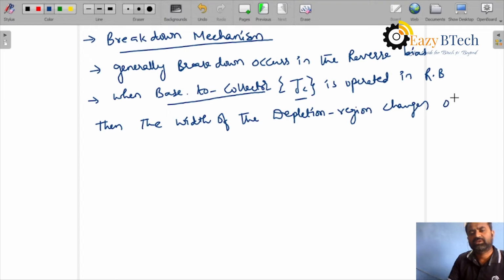Okay, these are the effects. It means when you are applying the reverse voltage, the width of the depletion region changes.